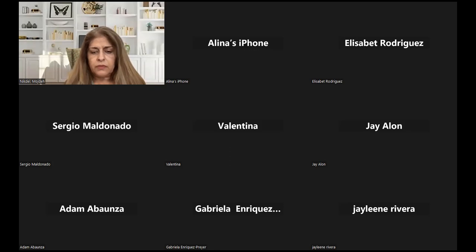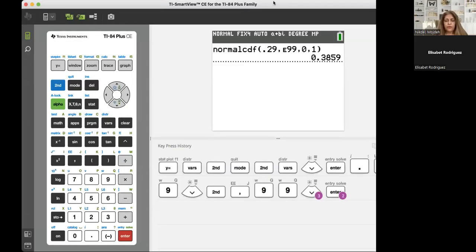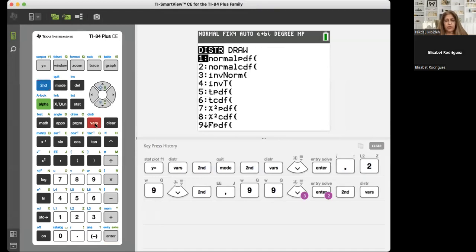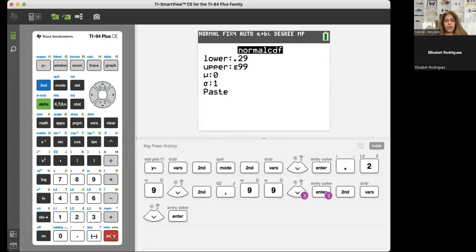So we go to distribution, normal CDF. Lower was negative infinity. There are two signs. Do you see the symbol next to the enter key? This is the negative sign. Negative, then you go to second comma gives you E, then 99. Then the right side was negative 1.39.